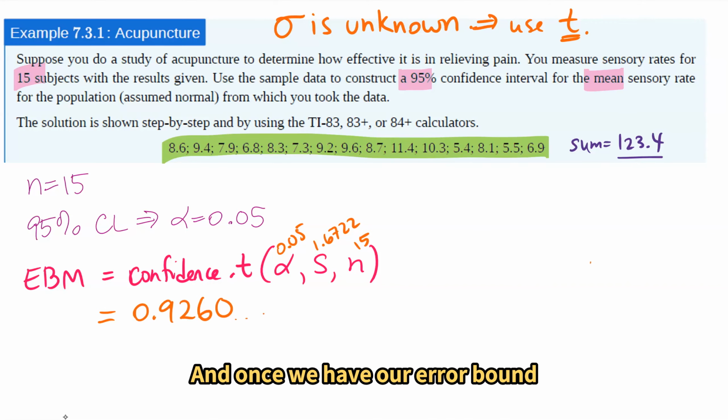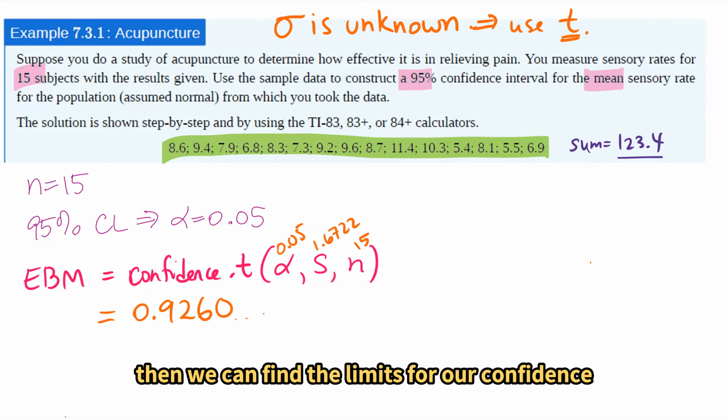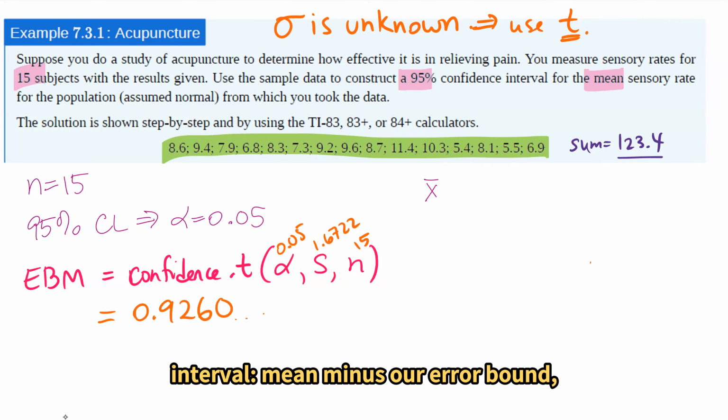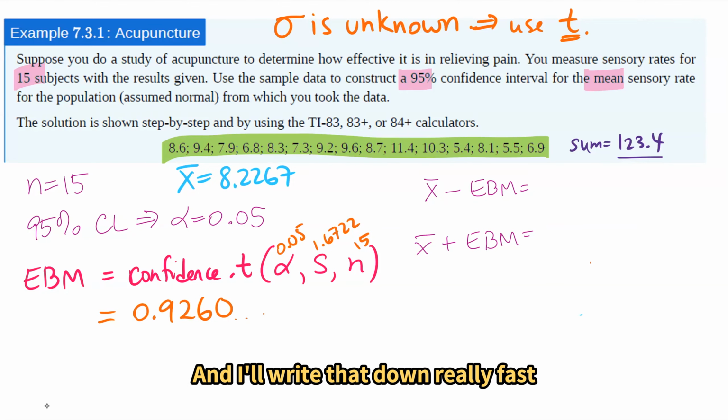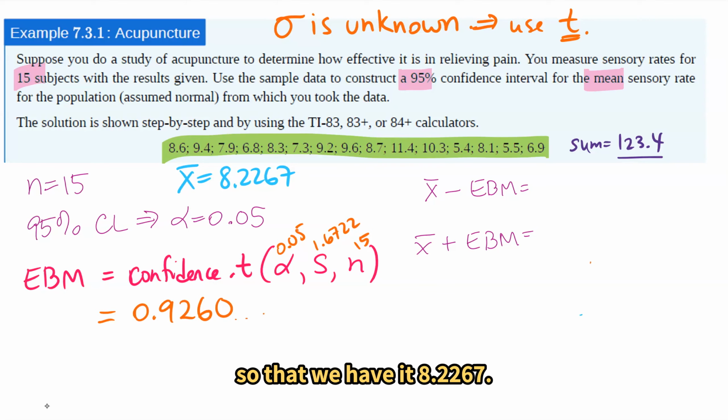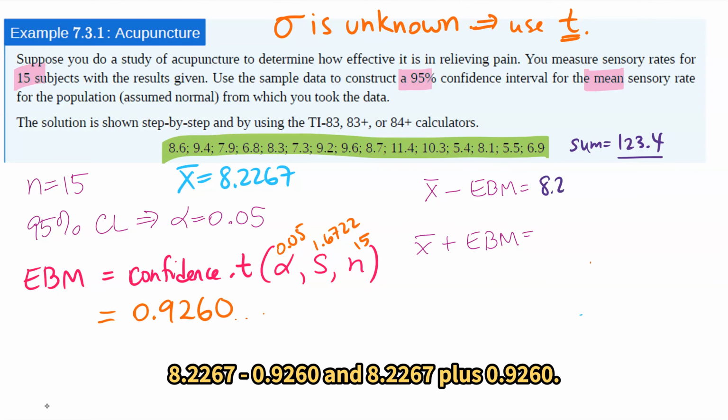And once we have our error bound, then we can find the limits for our confidence interval. Mean minus our error bound, mean plus our error bound, and our mean we calculated, and I'll write that down really fast so that we have it, 8.2267. 8.2267 minus 0.9260 and 8.2267 plus 0.9260.